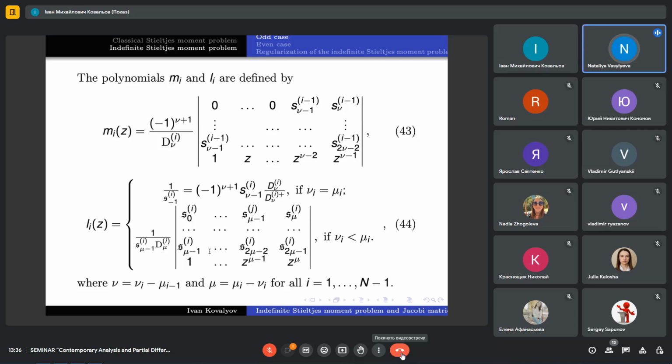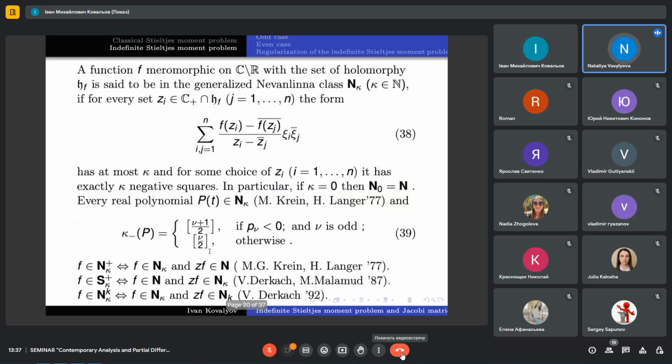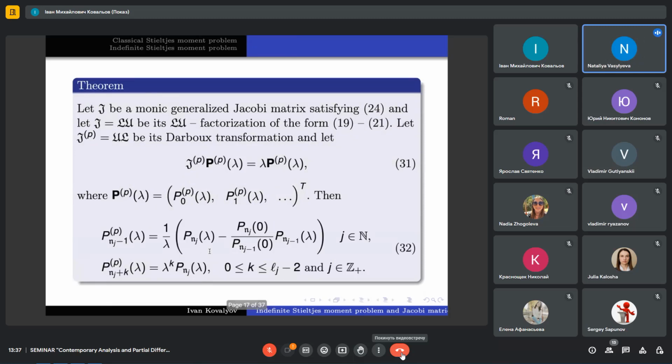Okay, thank you. Next, my question is related to your formula 32, please. What happens if lambda tends to 0, lambda equals 0? If I understand right, lambda is any complex number. Okay, I understand.